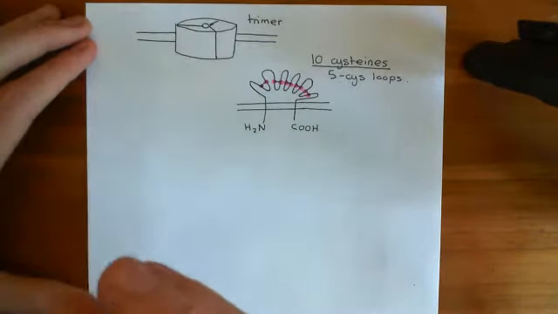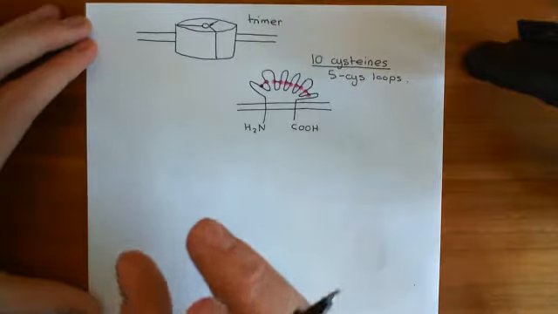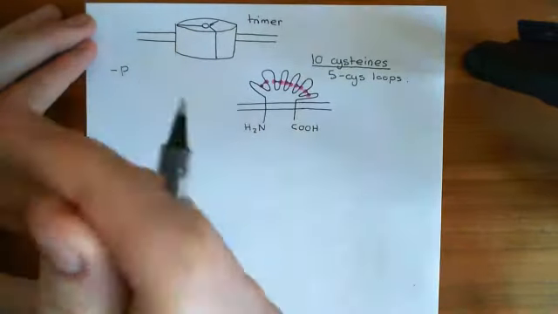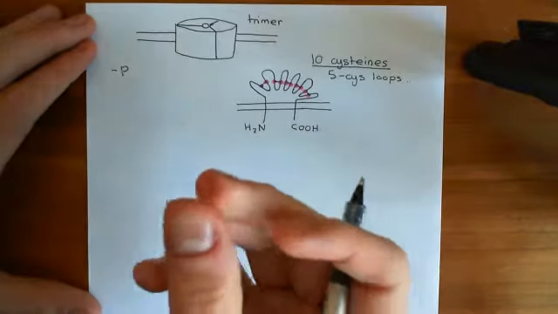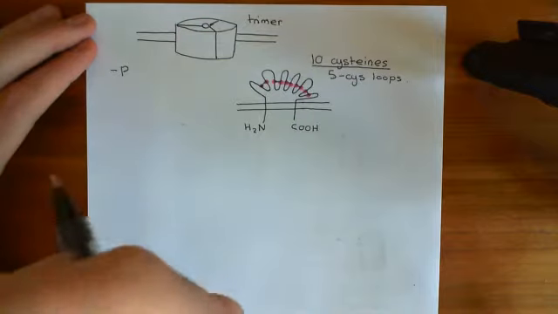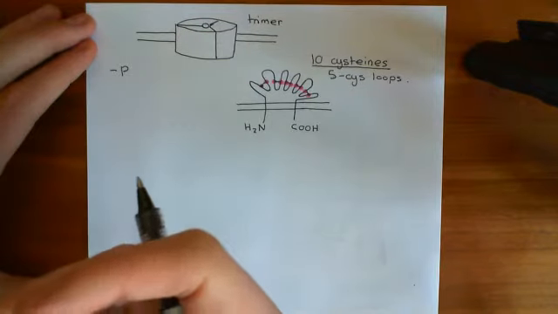Instead, there are 7 known genes for P2X receptor subunits, okay? And these will have different sequences of organic bases, and therefore they'll code for proteins which have different sequences of amino acids.